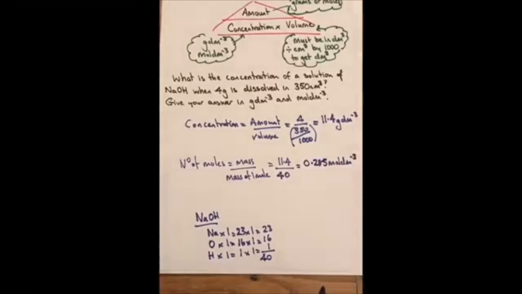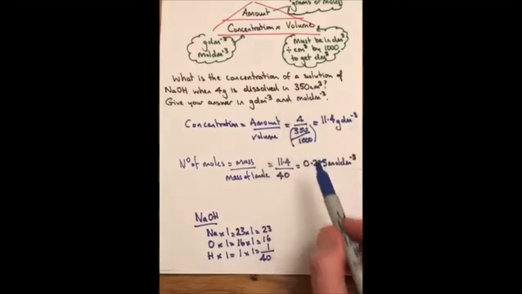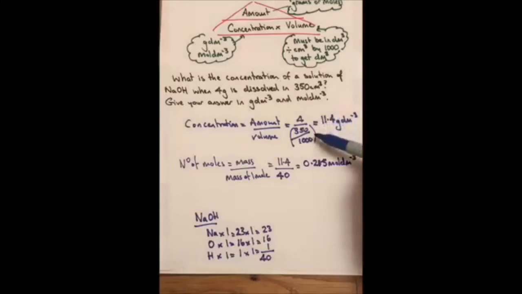So what I've done in my working out is convert my first answer from grams in 350 centimeters cubed into grams in a decimeter cubed, and then I've taken that value 11.4 and converted that into the number of moles, and because it's this many moles in 1,000, then that is going to be the concentration in moles per decimeter cubed.